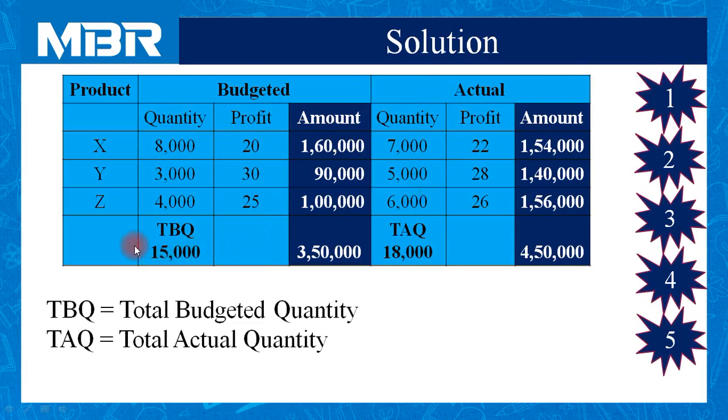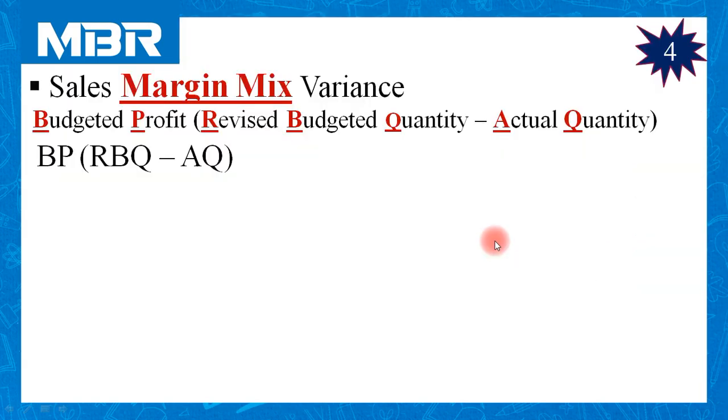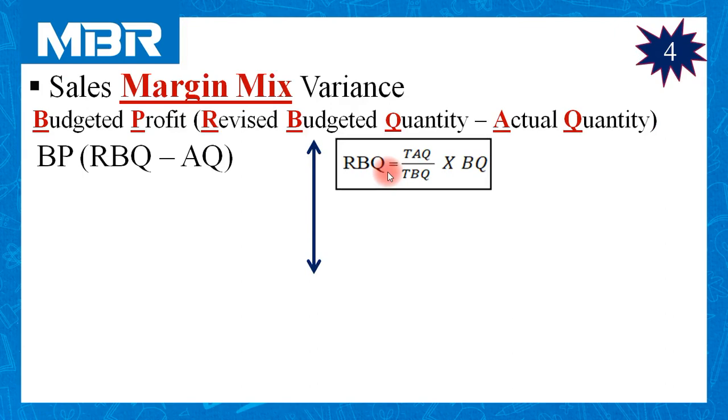But we are supposed to calculate revised budgeted quantity using the figure of total budgeted quantity, total actual quantity, and budgeted quantity of the concerned product using the formula. So let us calculate revised budgeted quantity first.